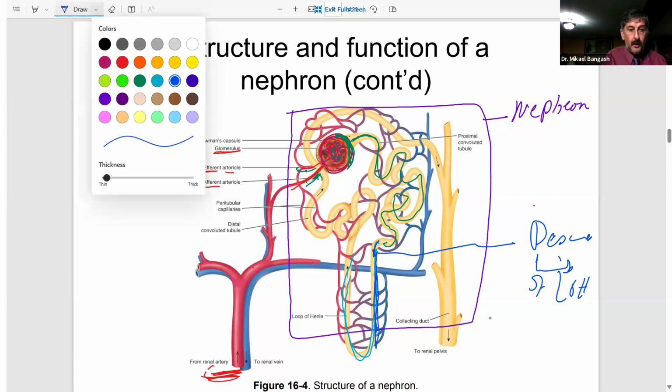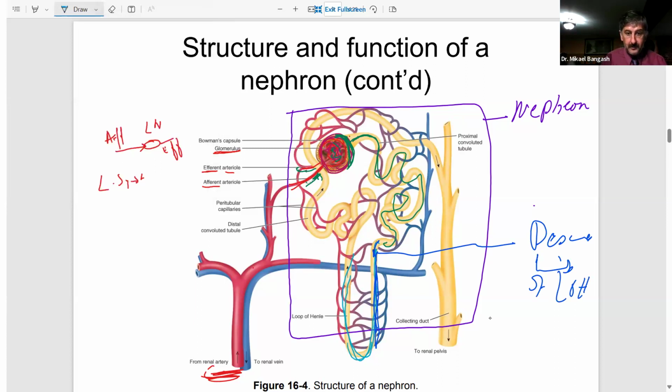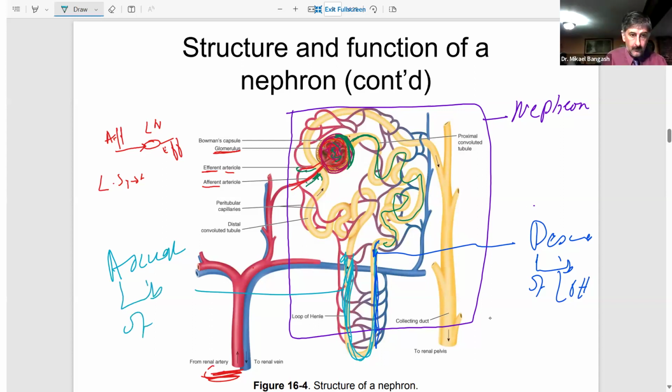And the reason we call it a loop is because it makes a U-turn and goes up. So this part here is going to be the ascending limb of the loop of Henle.